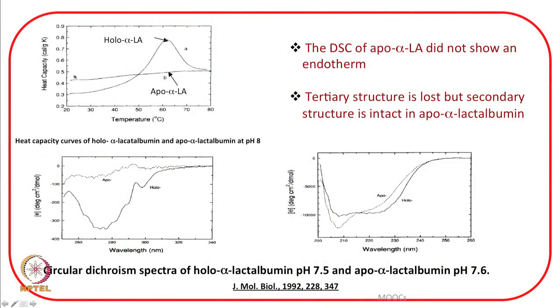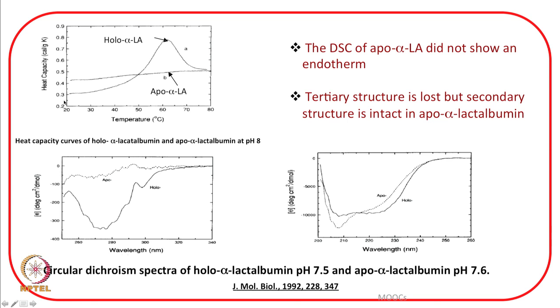Based on these arguments, and let us look at the figure, these authors claim that the apo-alpha-lactalbumin, in which the tertiary structure you see is lost, and look at the CD spectra, secondary structure is intact, is not expected to show a cooperative thermal transition.